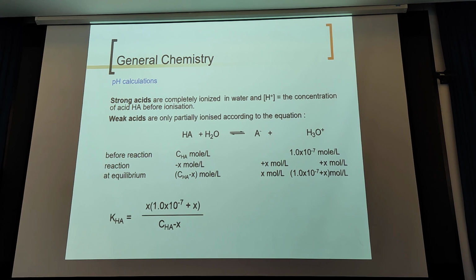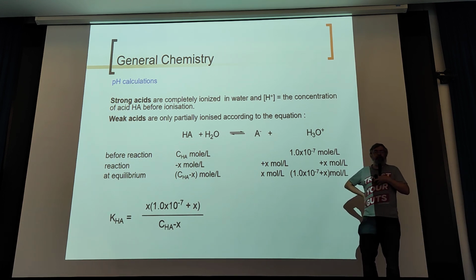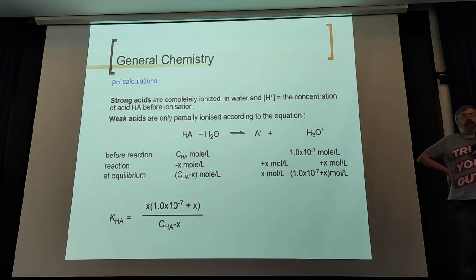Now, in most cases, this is going to be very small as compared to the H3O+ that is forming from the ionization of the weak acid. But anyway, I take it into account. There's a small amount of HA that is going to be converted to H3O+ and A-.